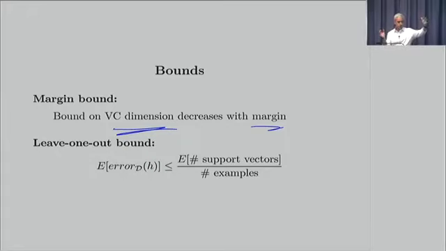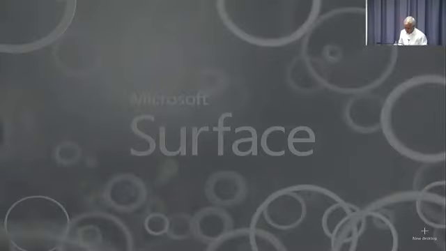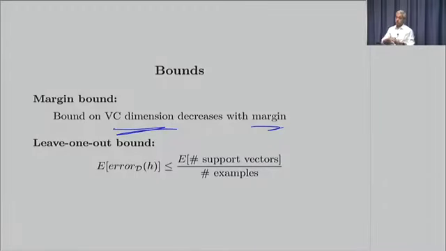The thicker it is, the less I'm able to jiggle it, and therefore, the less ability I have to overfit. So these are what are called margin bounds. So there's a relationship between the margin and the VC dimension, and therefore, if I maximize the margin, I minimize the VC dimension, and I optimize my guarantees.